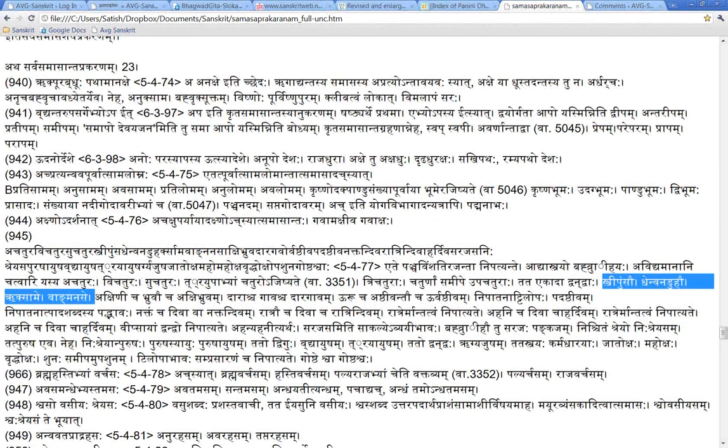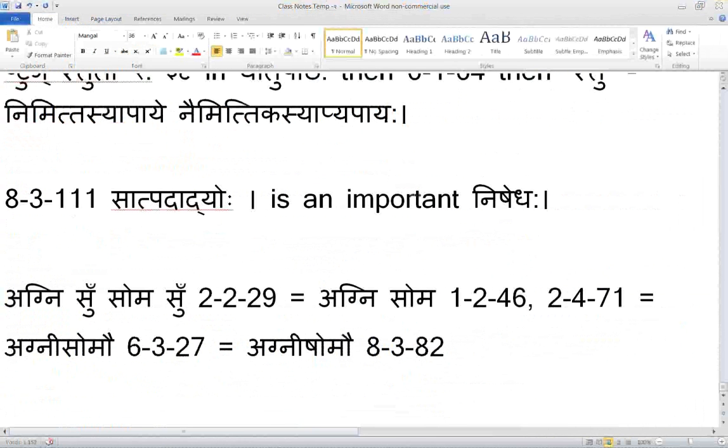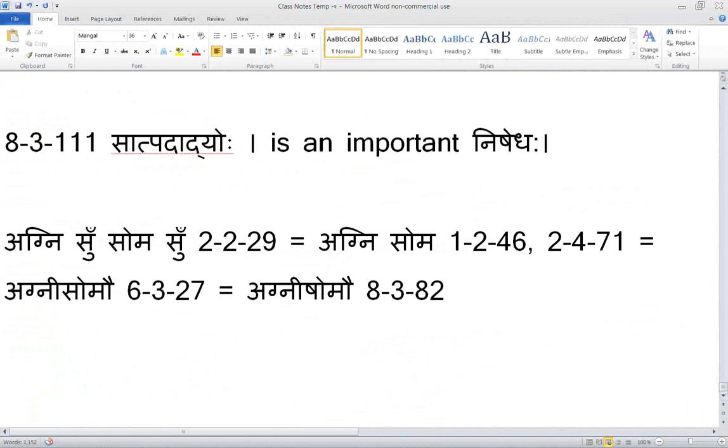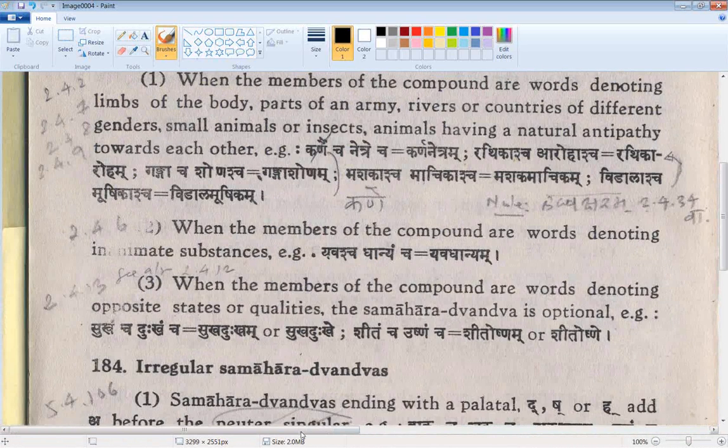Let me do this and we'll stop, the time is running out. So 5477 also gives these four Samasa in Itaritara Yogaha. That's why in the Antoine book, these are given on the next page and not on the prior page. In the prior page, we are talking about the Samahara Dvandvas, like Naktam Chadiva.